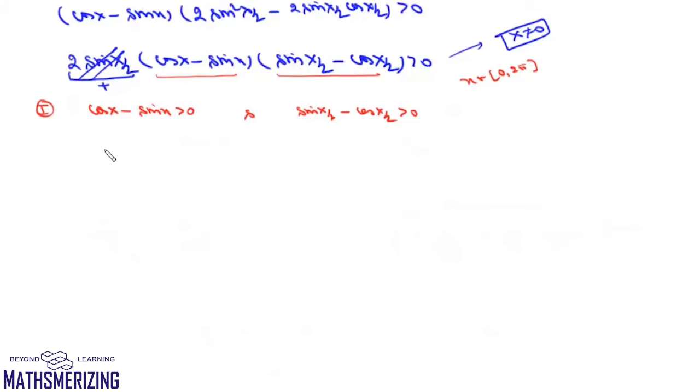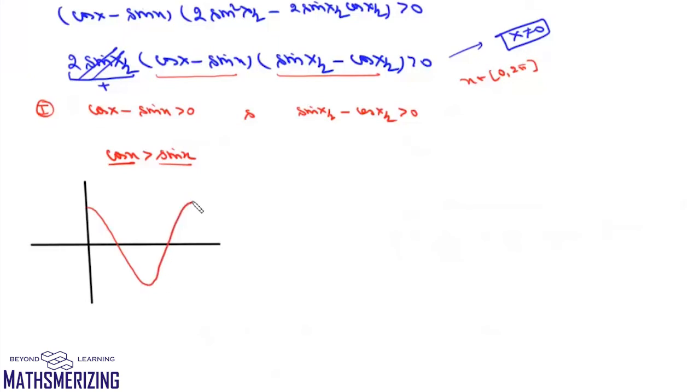Now first we'll solve this one, which is cos x greater than sin x. We'll draw the graph of cos x and we'll draw the graph of sin x. Now that's the graph of cos x.